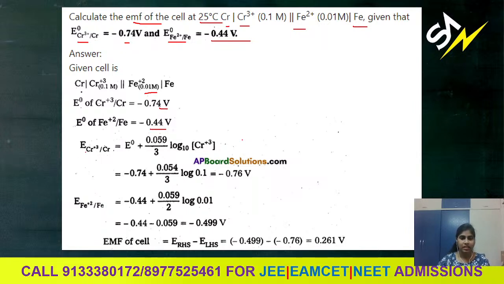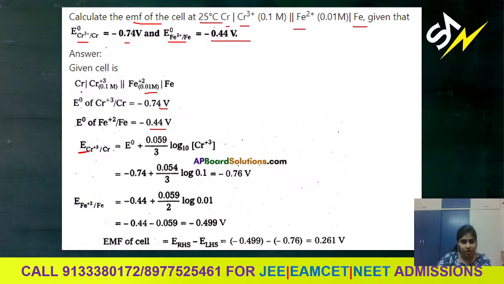For the calculation of the electrode potential, we have the E0 value for the conversion of Cr^3+ to Cr.